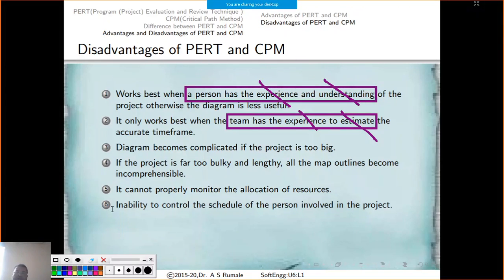Then the sixth is the inability to control the schedule of the persons involved in the project. Obviously this is again not a disadvantage of PERT or CPM actually, but of the persons involved. For example, I gave you TAE2, notes, instructions, everything, and said this is the template. You can choose any subject of your liking.